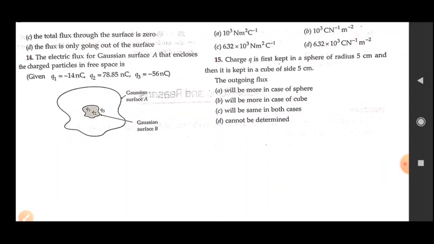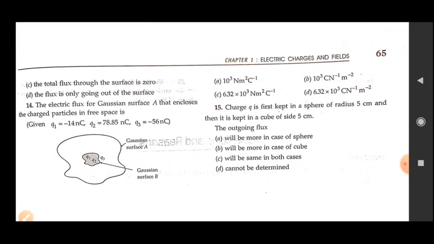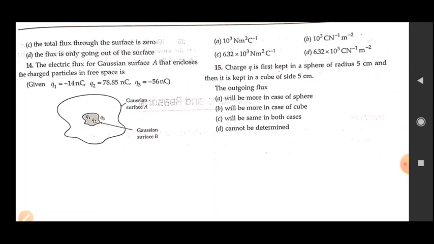The question is about the electric flux for Gaussian surface A that encloses charged particles in free space, namely q1, q2 and q3. The question is simple: we have to calculate the value of the flux for this Gaussian surface. So let's calculate it now.